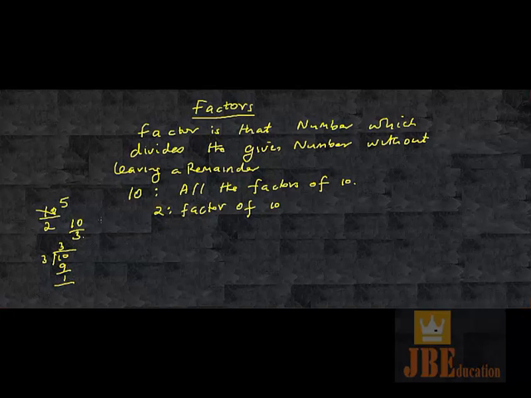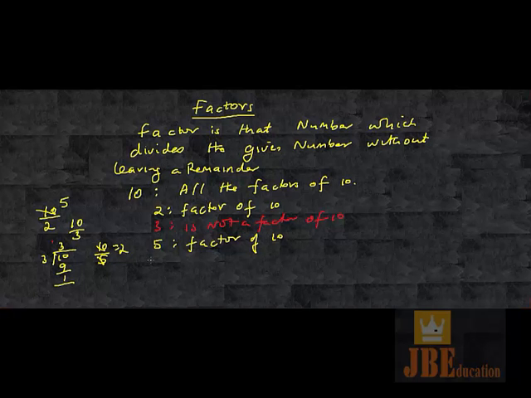So clearly the number 3 is not a factor of 10. So moving on, if you were to check if 5 were to be the factor of the number 10, clearly 5 divides 10 2 times. So I can say 5 is also a factor of 10.